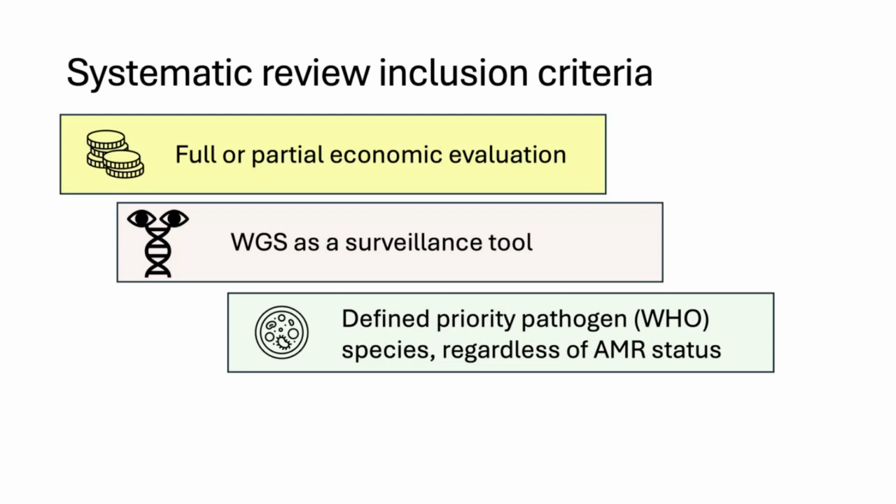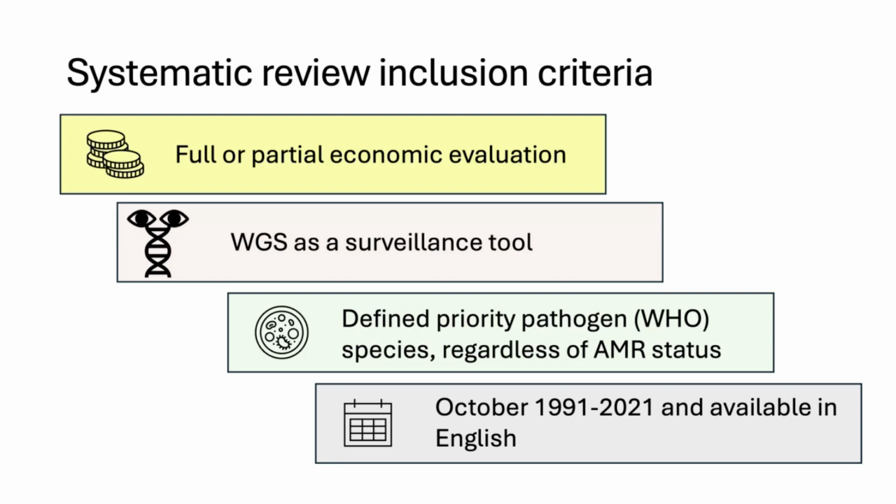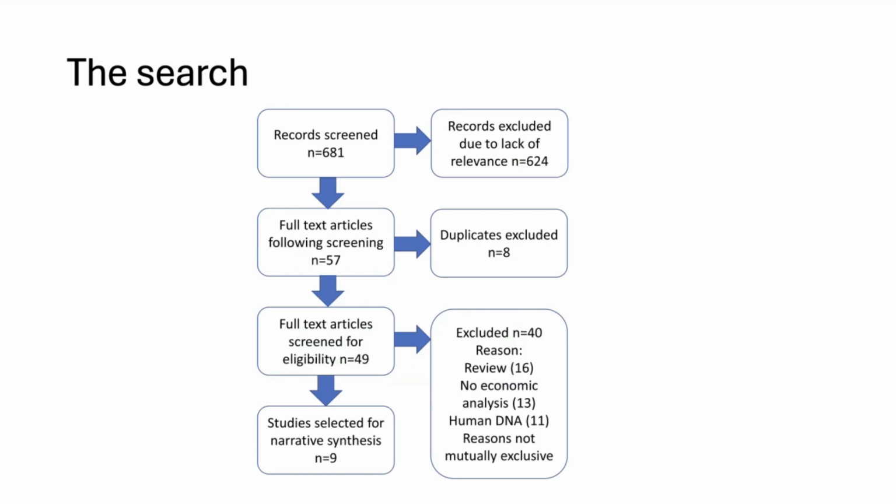Partially, this was regardless of their AMR status, because the studies that were specifically looking at AMR were very, very few. The time frame was a slightly arbitrarily defined 1991, before sequencing was available, up until 2021, which is when we did the search and wrote the review.